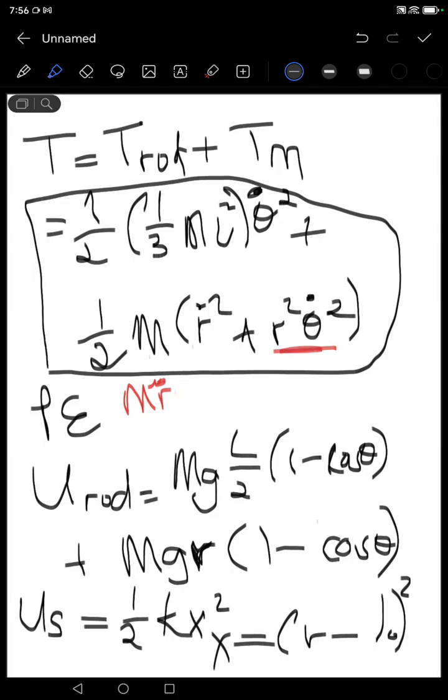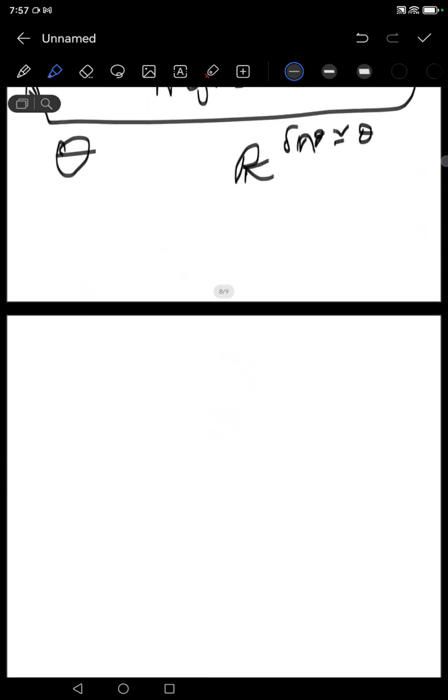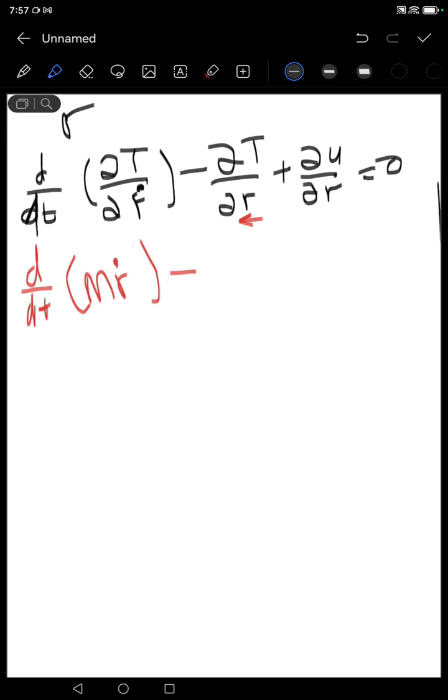The derivative of that is going to be: we take this 2 and multiply with this one, so we have m r theta dot squared. Then we write it in our equation: minus m r theta dot squared, plus the potential energy.